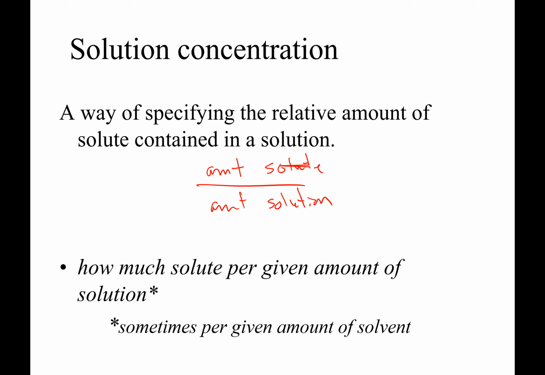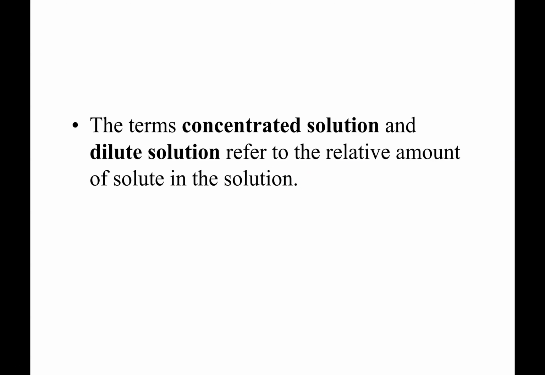Amount of solute per amount of solution. And in Chem 2, we're going to switch gears and talk about another important way of describing solution concentration in terms of solvents used.